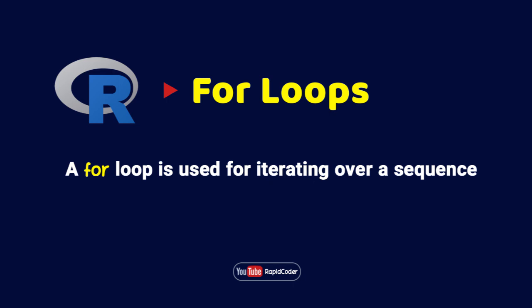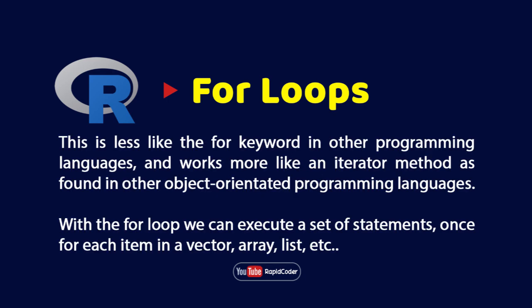The next loop I will introduce you is a for loop. A for loop is used for iterating over a sequence. Here the loop is less like the for keyword in other programming languages and works like an iterator method as found in other object-oriented programming languages.